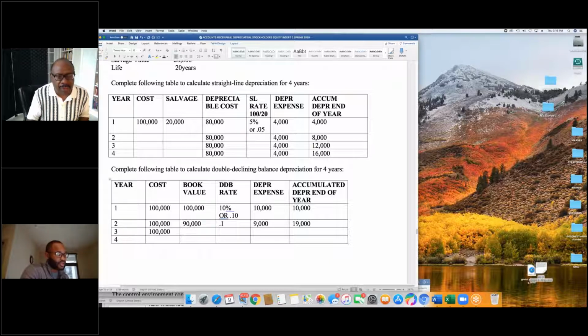It's cost minus whatever's in the accumulated depreciation from the prior year. So how much should be here? 81,000. Thank you. I said that. Did you? I didn't hear you. Sorry.